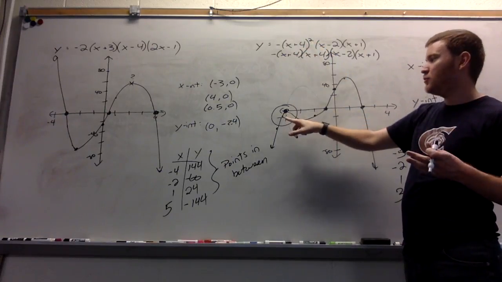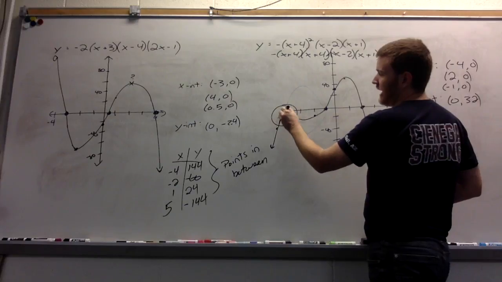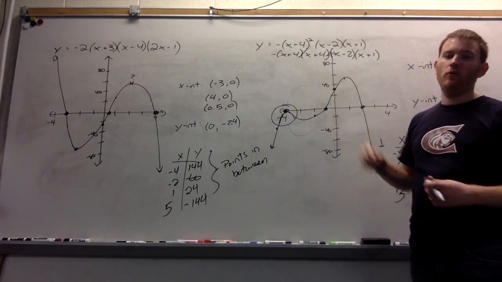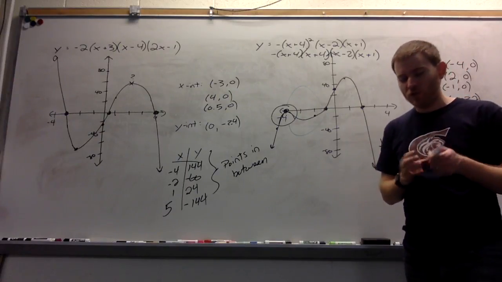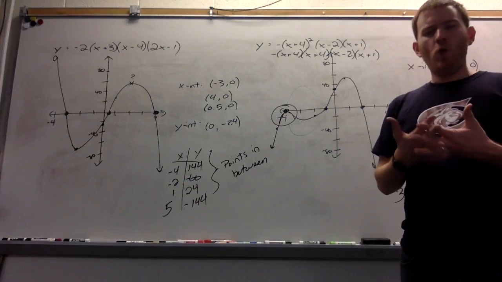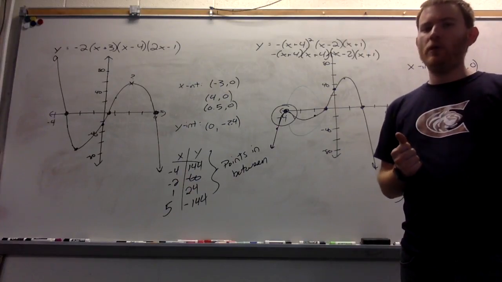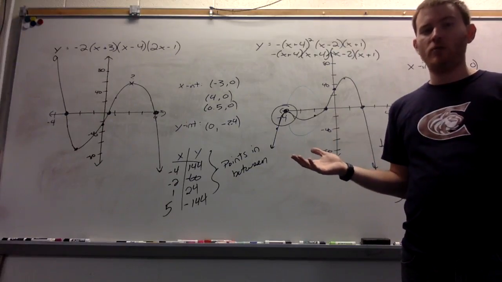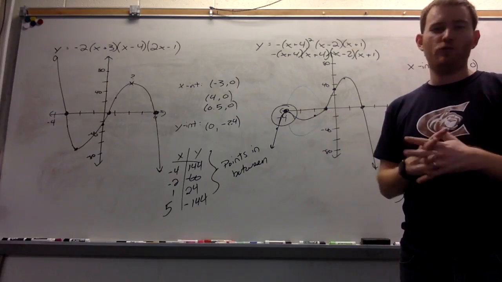Actually, what's going on is we're drawing a little parabola at -4 because it's whatever squared, just like a parabola was. That pattern's going to show up every once in a while. We'll talk about that when I get back. But when we're graphing this, if we always look for points in between, we're going to be able to find our graph no matter what it looks like, no matter if it goes up, down, any direction that it could go.